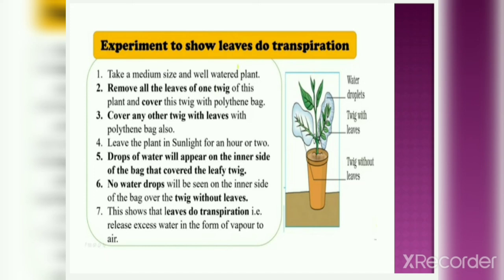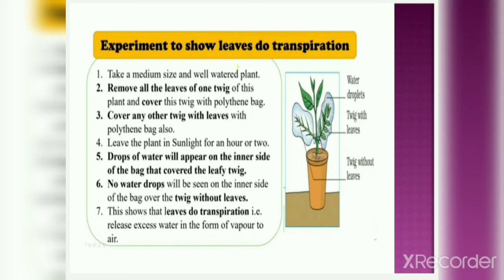For this experiment, you have to take a medium size, well watered plant. Remove all the leaves of one twig of this plant and cover this twig with a polythene bag. Cover another twig with leaves with a polythene bag also. Leave the plant in sunlight for an hour or two.